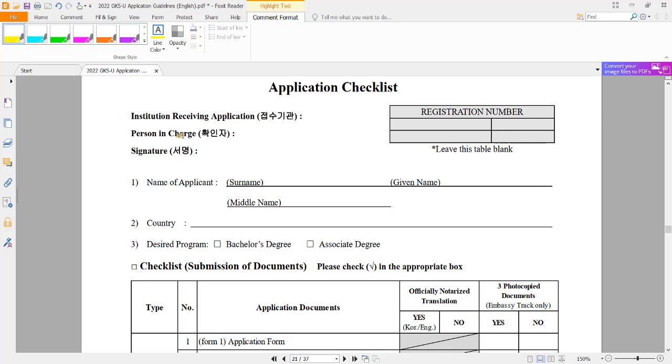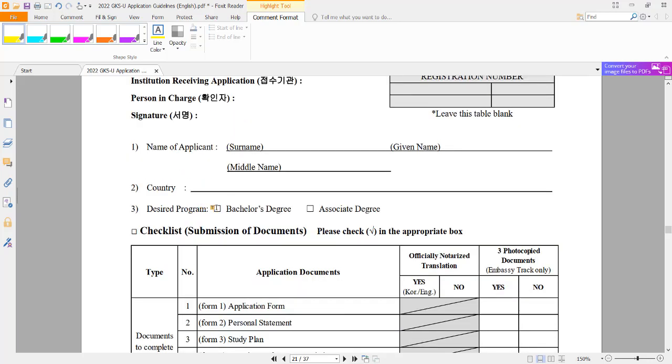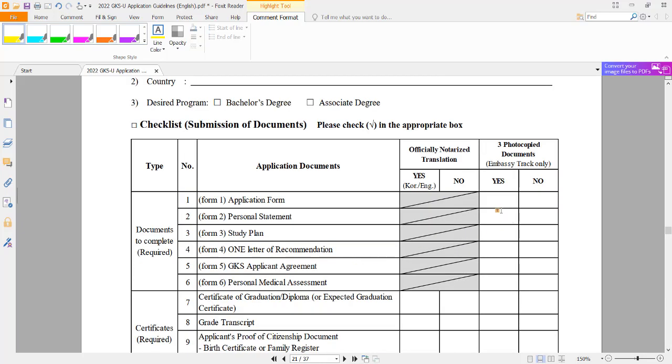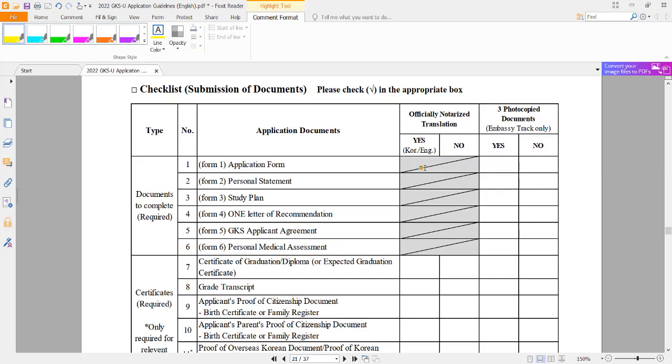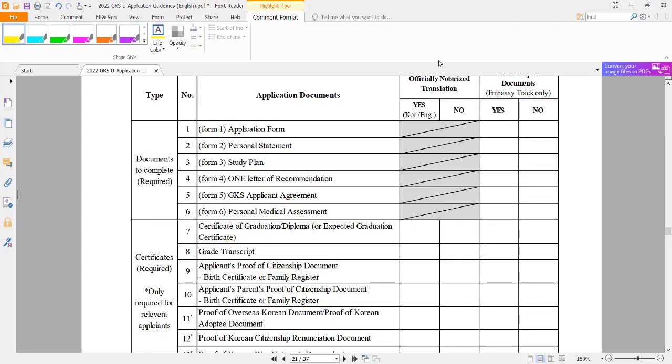As you can see, what is required here is that you have to write your name, country, and for which program you are applying, bachelor's degree or associate degree. And if you are submitting for university track, then you have to select yes, because obviously you will be selecting yes here.